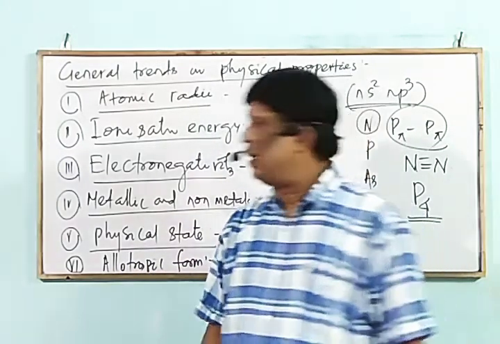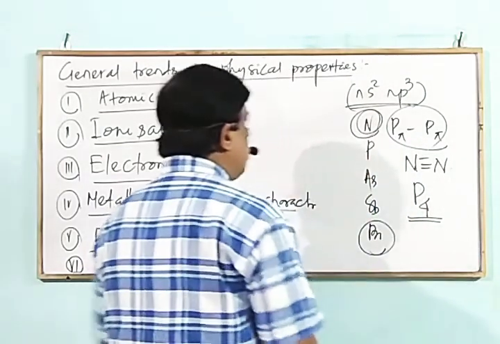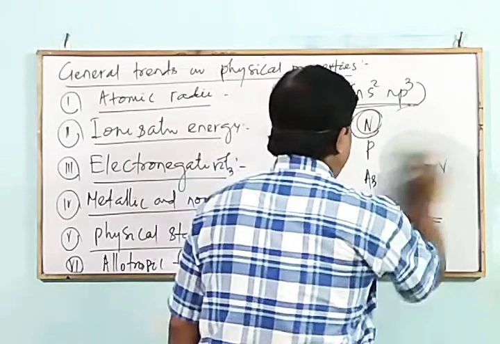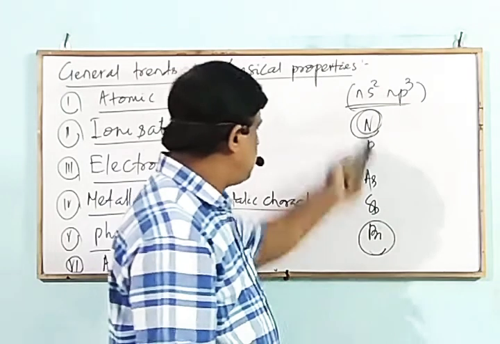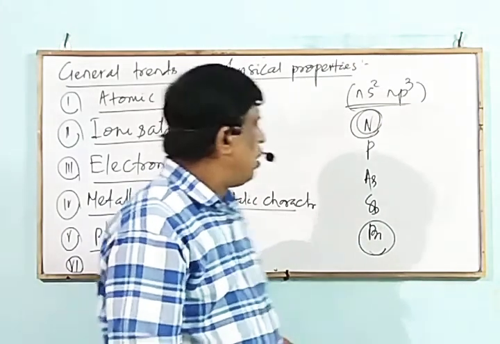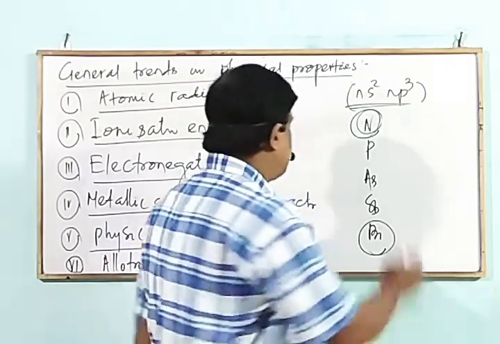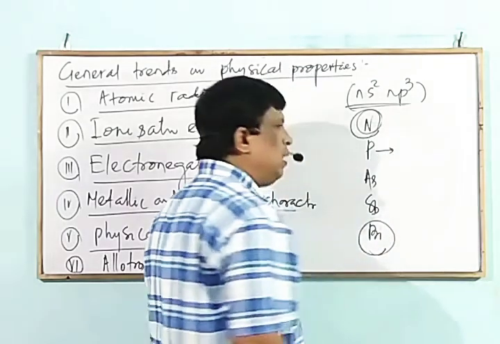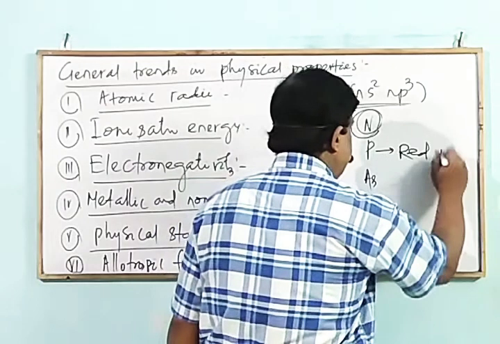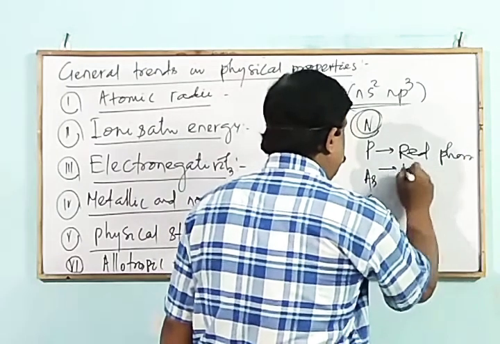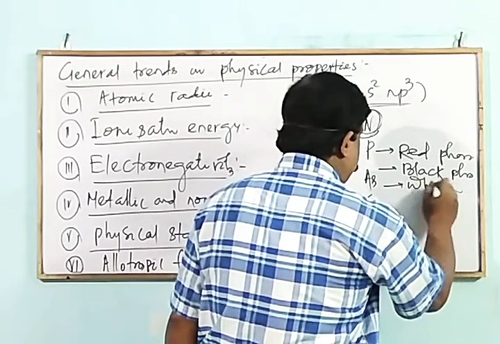Among this family, nitrogen and bismuth are unable to exhibit allotropic forms. Phosphorus exhibits three allotropic forms, that is red phosphorus, black phosphorus and white phosphorus.